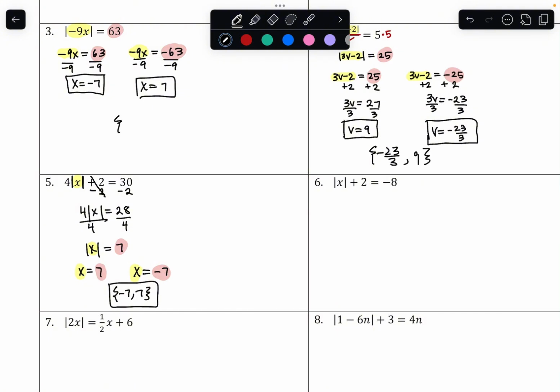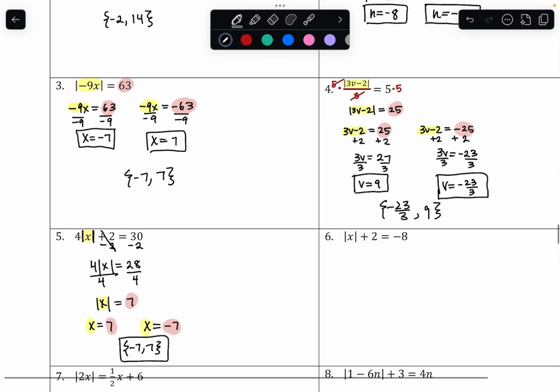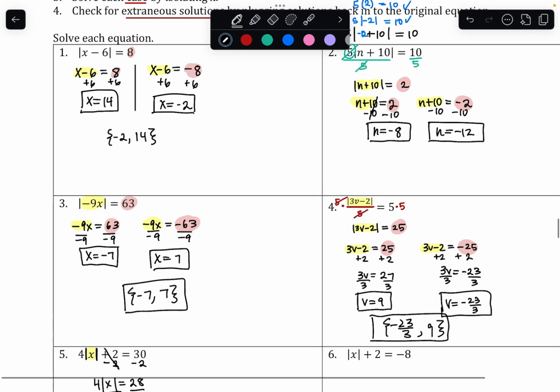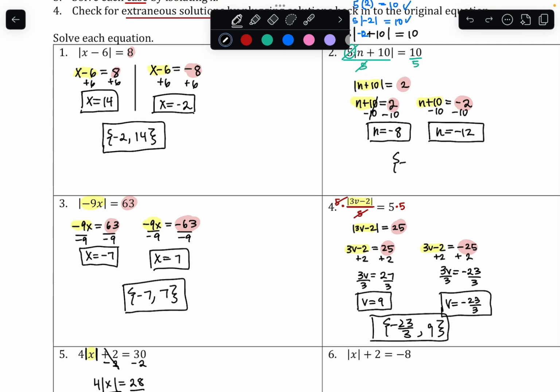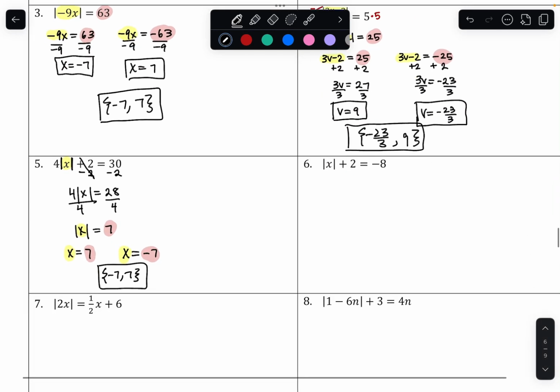Just writing all my solutions in set notation. Again, you don't have to do this. It just may be like that on a multiple choice quiz or test.